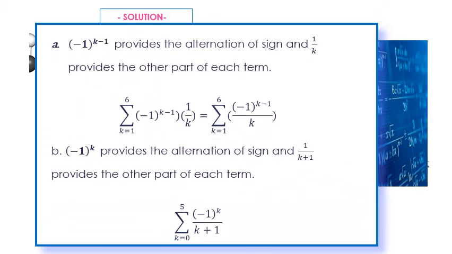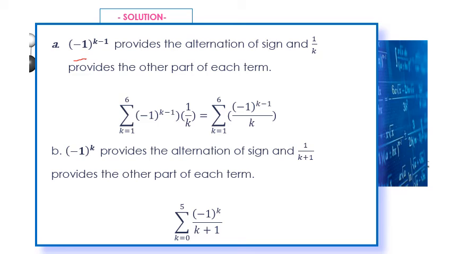Okay, for our solution, nakita natin nga may alternating sign ang ato nga sequence or ato nga series. So, kabalo kita nga it should be represented by negative 1 raised to some power. But, take note nga kung ano nga sign nag-start ang ato nga series.